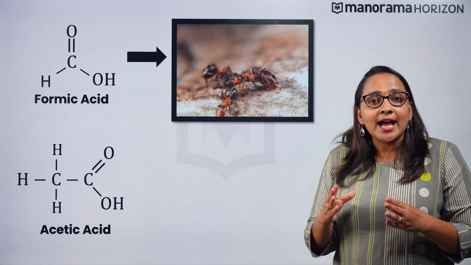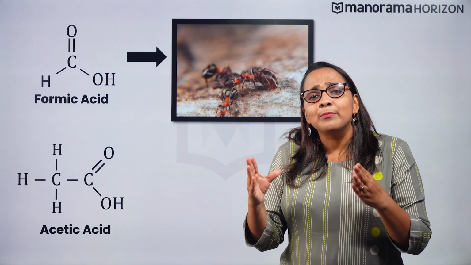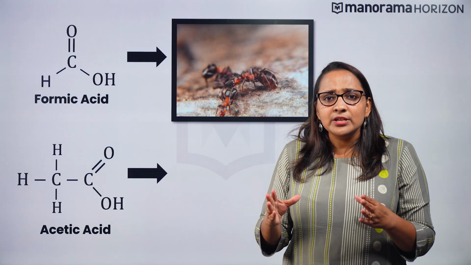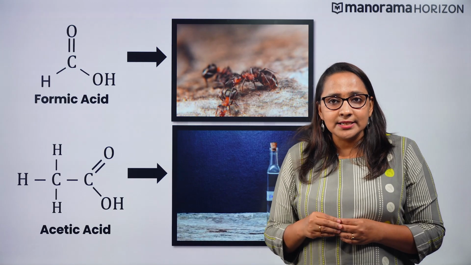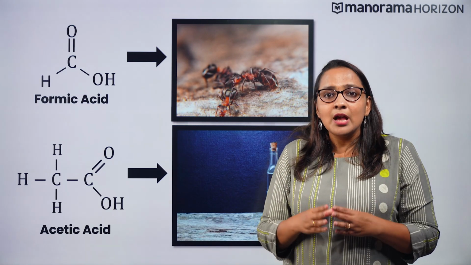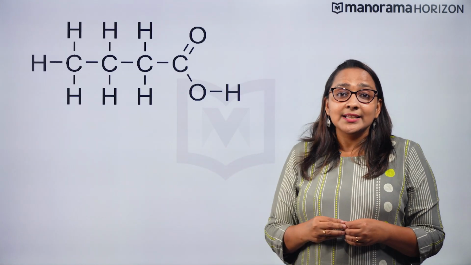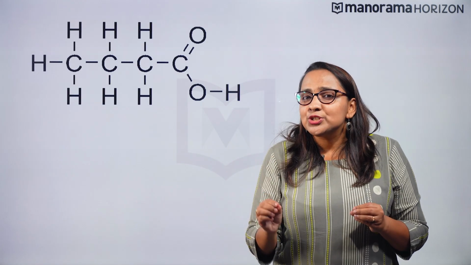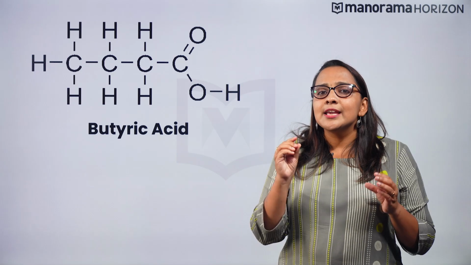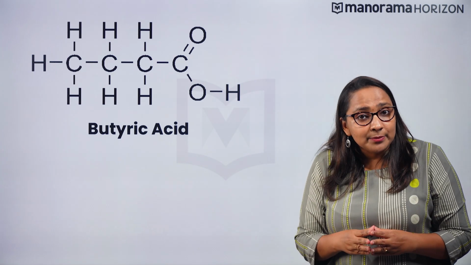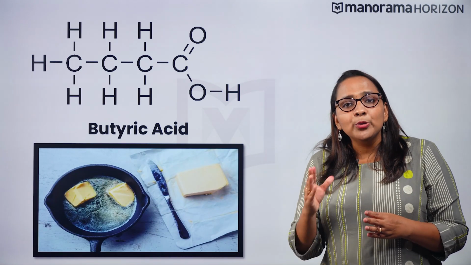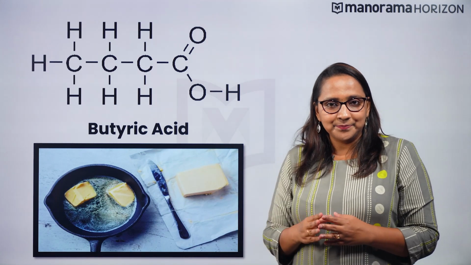Acetic acid, that is CH3COOH, is obtained from vinegar, in Latin acetum, means vinegar. Whereas butyric acid, that is CH3CH2CH2COOH, is obtained from rancid butter, in Latin butyrum, which means butter.